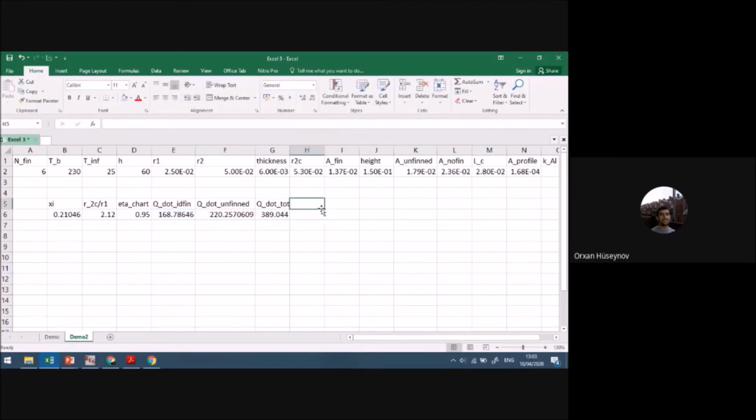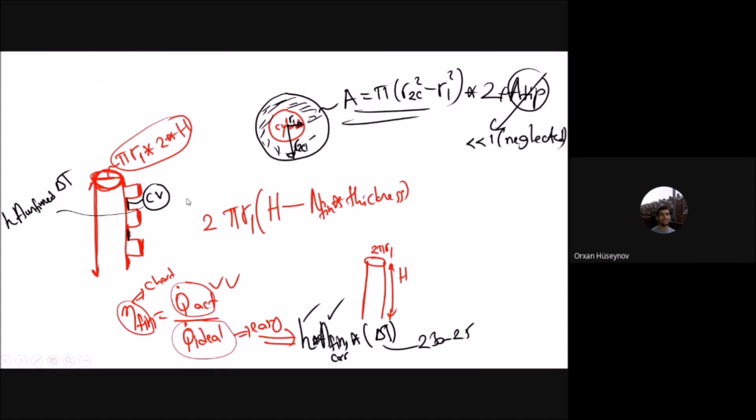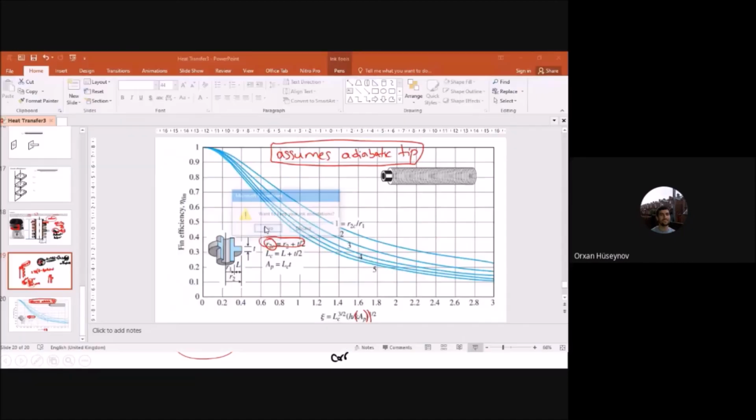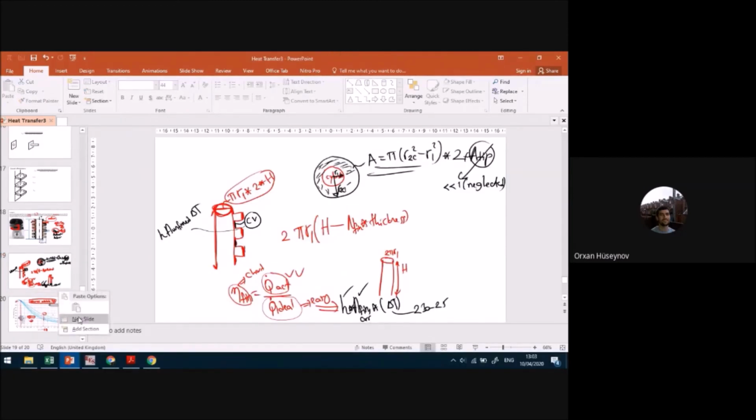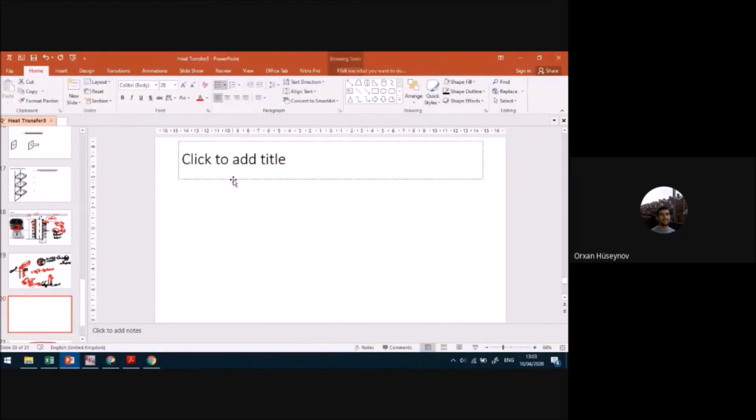So now we should calculate, if there was no fin, what would be the heat transfer. So the third option is what the heat transfer would be if there was no fin. That one will be equal to the base area.